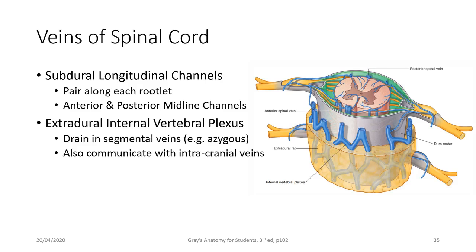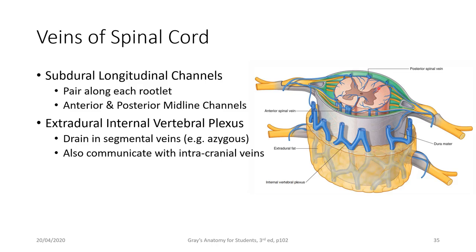These are present within the dura, in fact within the arachnoid space, and they collect the blood, and the upper part of the spinal cord connects with the intracranial veins and drains the blood. Then the rest drain through various connections. There is also a venous plexus outside the dura mater, so extradural or epidural, there is a venous plexus known as the internal vertebral plexus.